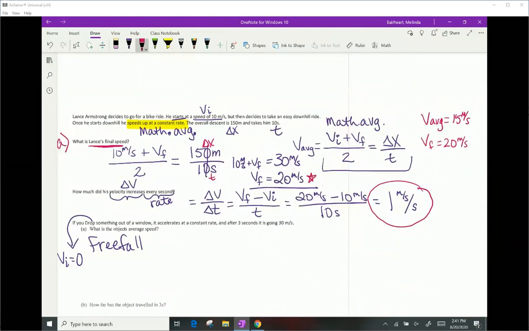Can you still explain the 20? Yes. I used that combination of the mathematical average and the defining equation of displacement over time because it sped up at a constant rate. Remember, that's constant, steady, uniform.